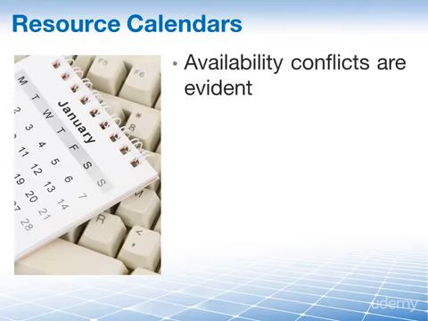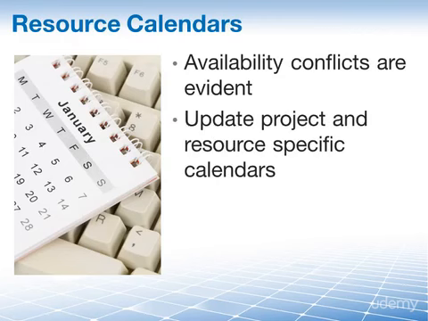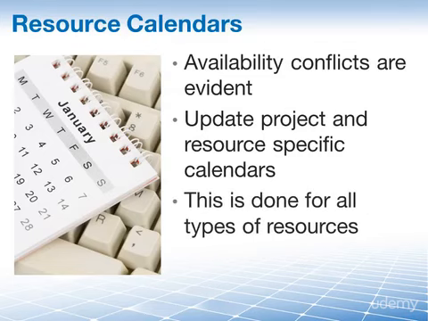As you are estimating your activity resources, you will notice that there may be scheduling conflicts where someone or some equipment may be otherwise tied up and therefore not available to the project. You will need to update your project calendar and your resource-specific calendars to document this. This should be done for all types of resources, whether they're human, materials, equipment, or supplies.